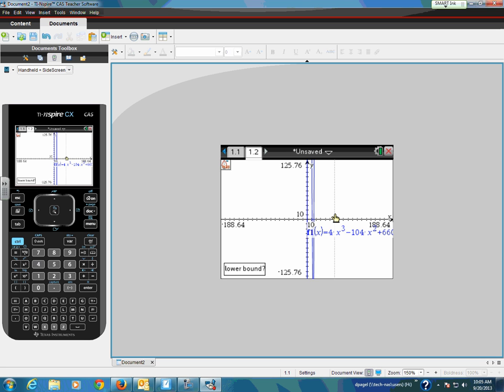My lower bound is somewhere over here. My upper bound is somewhere over here. And there it is right there. 4.18, 1.23 times 10 to the third is what that means. So 1233. There's your maximum. So there's the use of the graphing calculator.